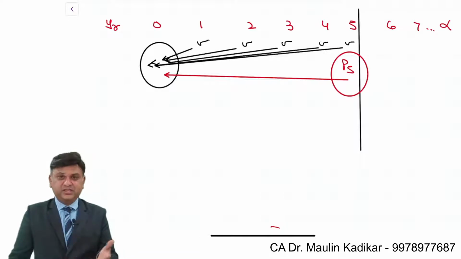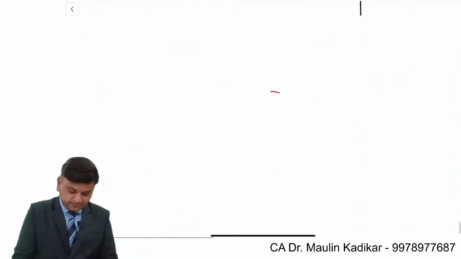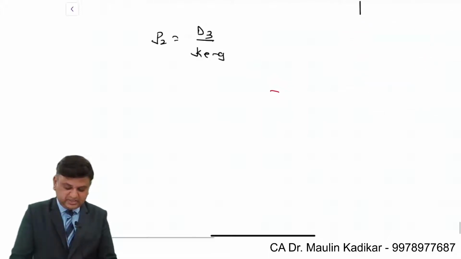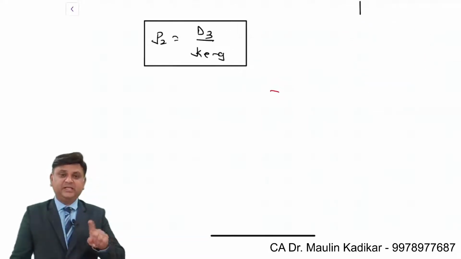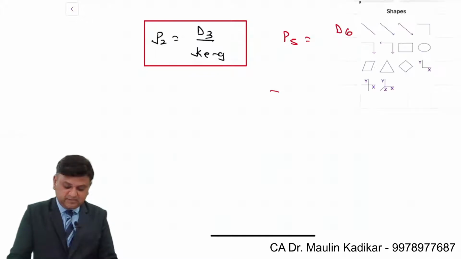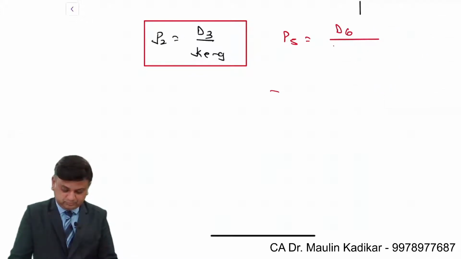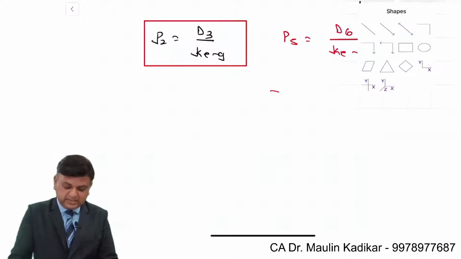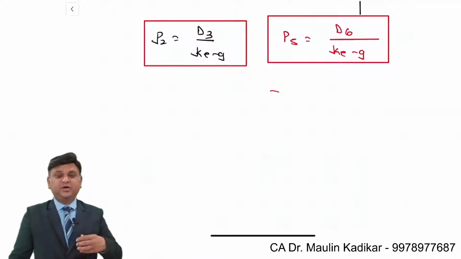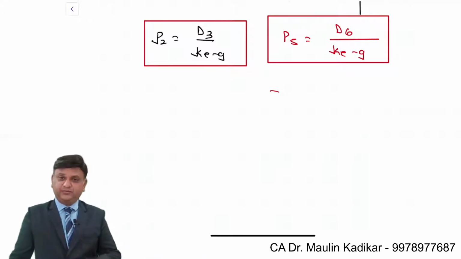The way we have just understood the kind of calculation for P2, it is D3 divided by K minus C. This is the kind of working that we have recently understood. Exactly the same thing will be applicable here as well, wherein we will compute P5. It is D6 divided by K minus C. That is the way we are required to make the calculation of P5. The term P5 stands for the price of the equity share at the end of the 5th year.